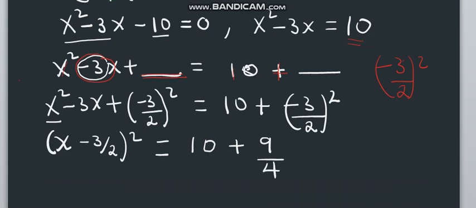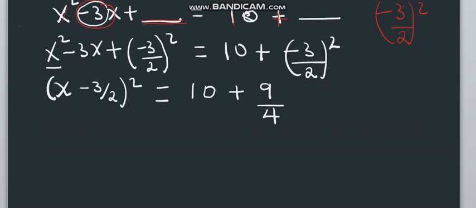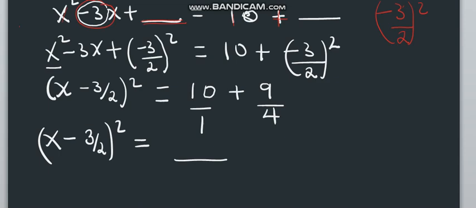Is that okay? Yes. Now we shall have x minus 3 out of 2 is equal to, we are going to find the LCM. The LCM for the case of 4 and 1 is 4.